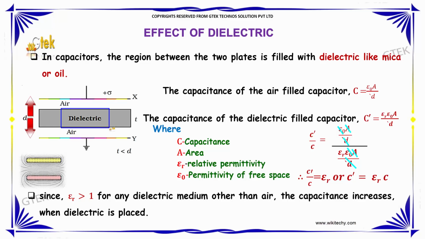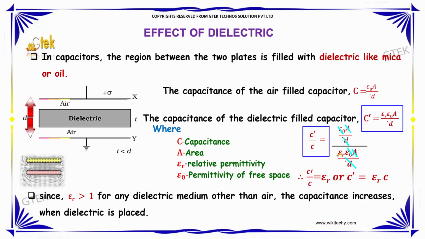The capacitance of an air filled capacitor will be C equal to epsilon naught A divided by D. The capacitance of a dielectric filled capacitor will be C dash, equal to epsilon naught epsilon r into A divided by D.